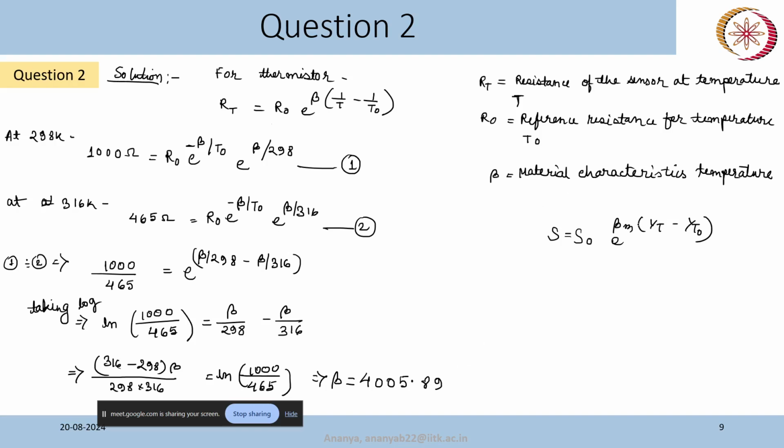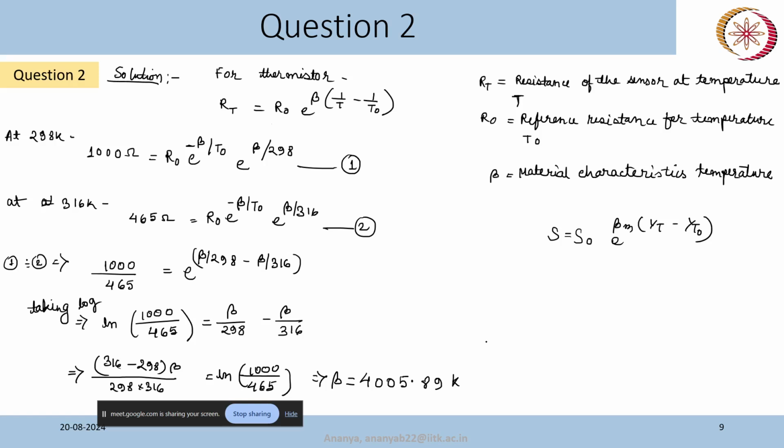So even if you do the dimension analysis here, beta should have a unit of Kelvin, okay, so that it gets cancelled and we finally get whatever the unit of R0 and RT, because R0 and RT should have the same unit, okay. So this unit is Kelvin.